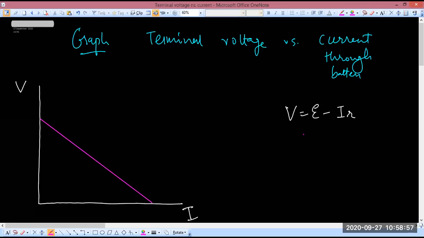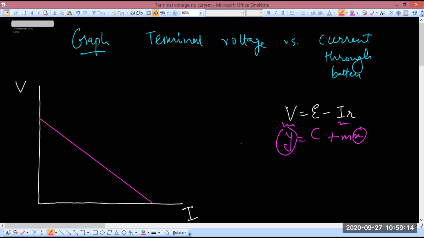Agreed? Y equal to mx plus c, but here c is first and mx comes after. X is I, Y is V.